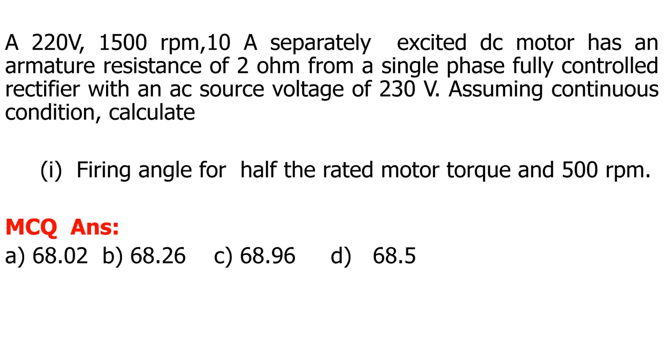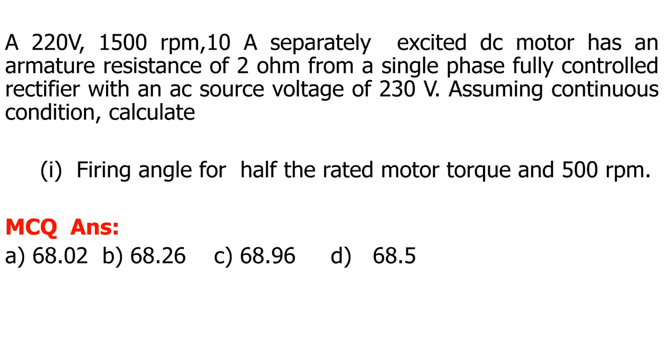A 220 volt, 1500 RPM, 10 amps, separately excited DC motor has an armature resistance of 2 ohm. It is fed from a single phase fully controlled rectifier with an AC source voltage of 230 volt. Assuming continuous conduction, calculate firing angle alpha for half the rated motor torque and 500 RPM.